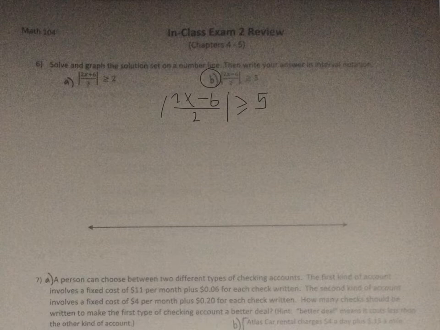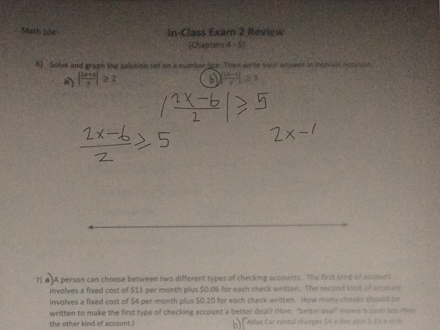All right. So the first thing we need to do is let (2x minus 6) over 2 be greater than or equal to 5, and (2x minus 6) over 2 is going to be less than or equal to negative 5.